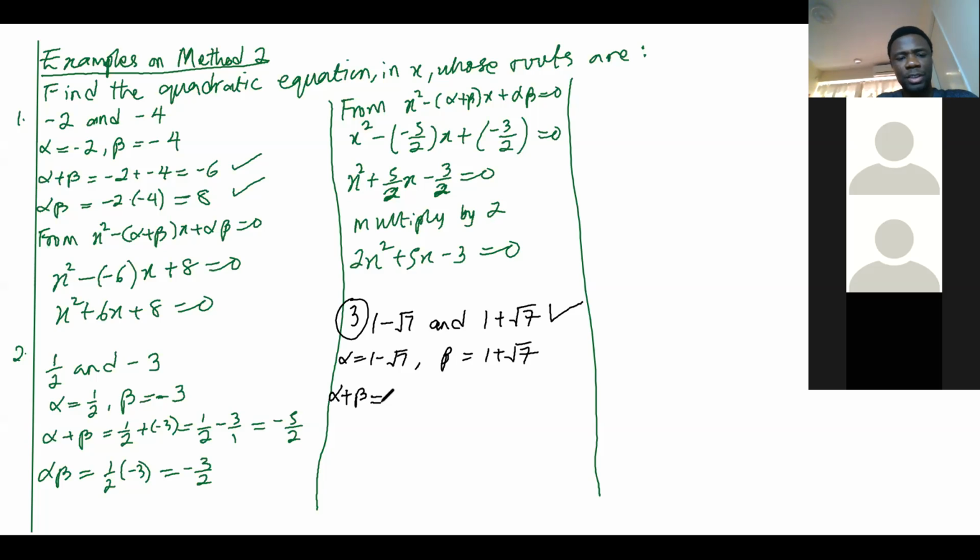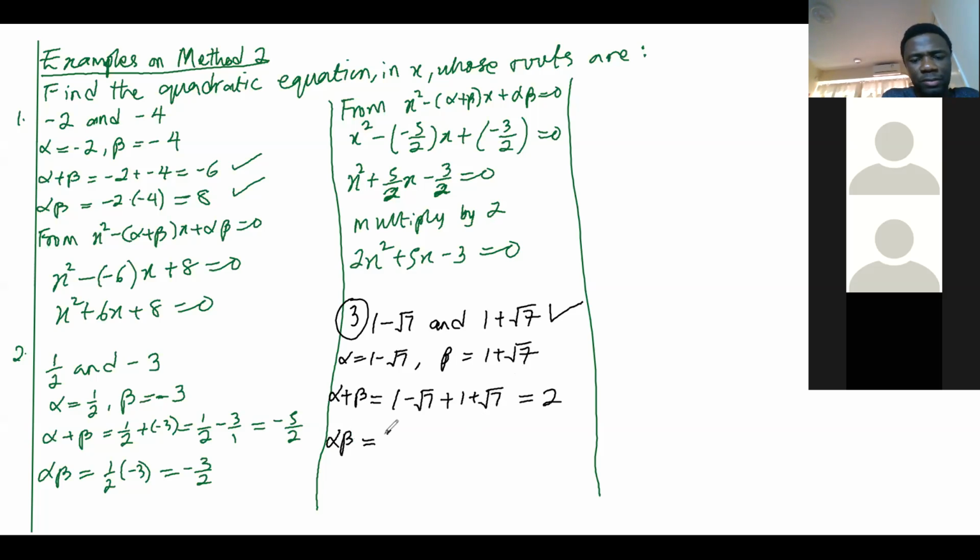Come on, guys. 1 minus root 7, good, plus 1 plus root 7, good. So which is 2. And it is 2 because minus root 7 and plus root 7 cancel, right?